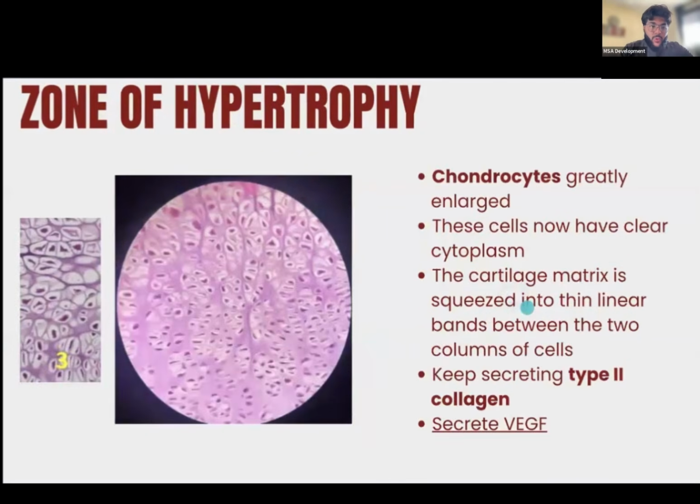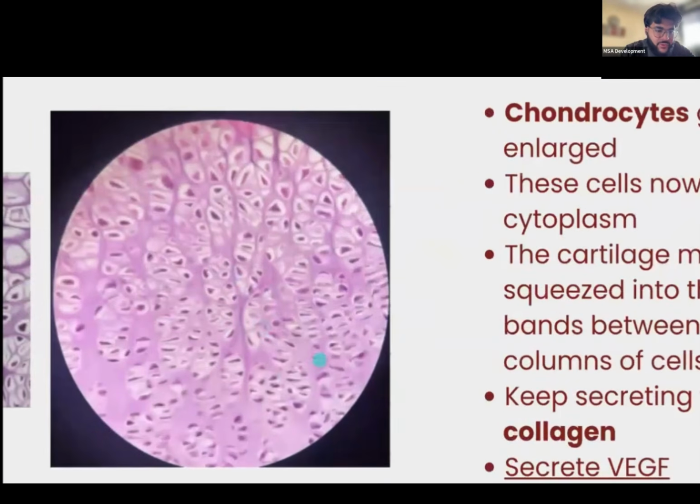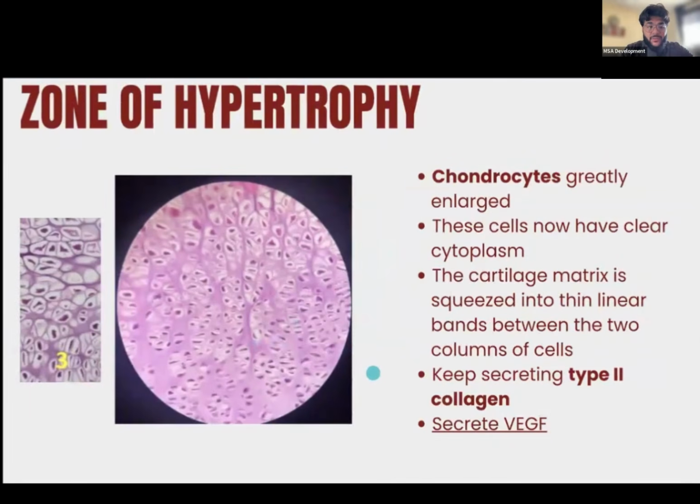Next up, we have our zone of hypertrophy. Hypertrophy, as you guys know by now, is basically enlargement. Over here, chondrocytes, which are basically your cells, become greatly enlarged. They have clear cytoplasm, which basically means the cytoplasm is much paler. If you compare it to the previous slide, the cytoplasm over here is much clearer. Between the chondrocytes, the cartilage matrix starts to get squeezed into thin bands.